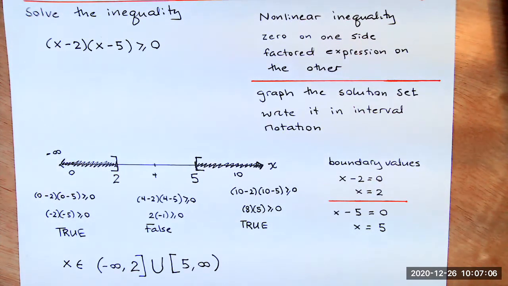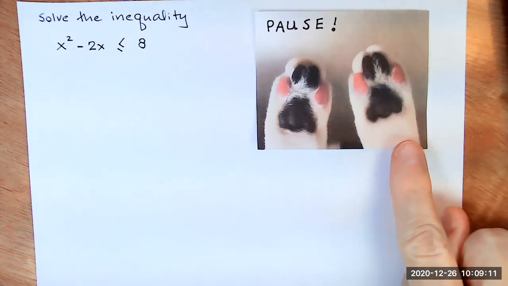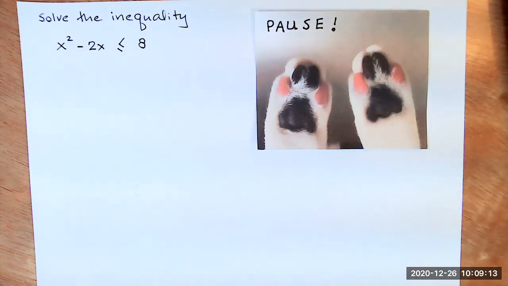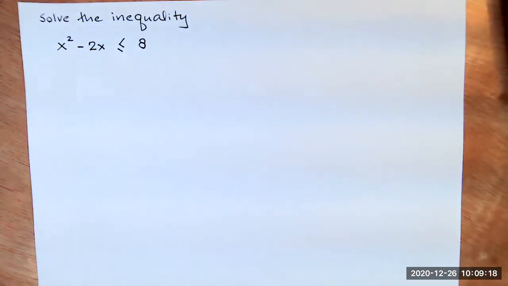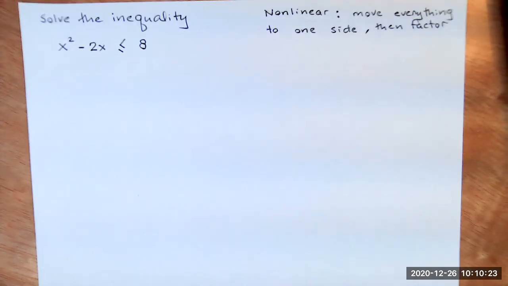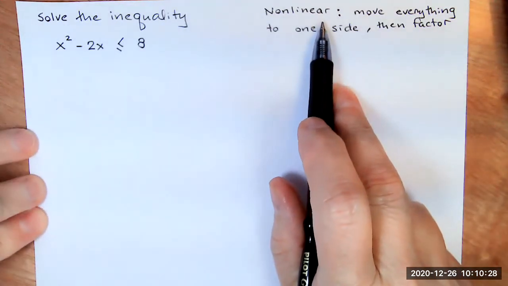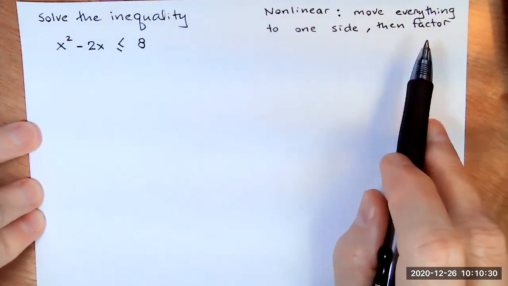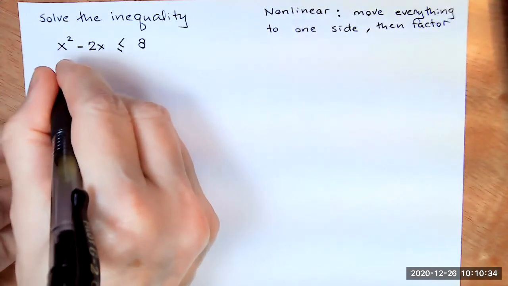All right, let's do another. Solve this inequality. I would recommend hitting the pause button and trying this one on your own. All right, so because this is a nonlinear inequality, we want to move everything to one side. So I'm going to subtract 8 from both sides.